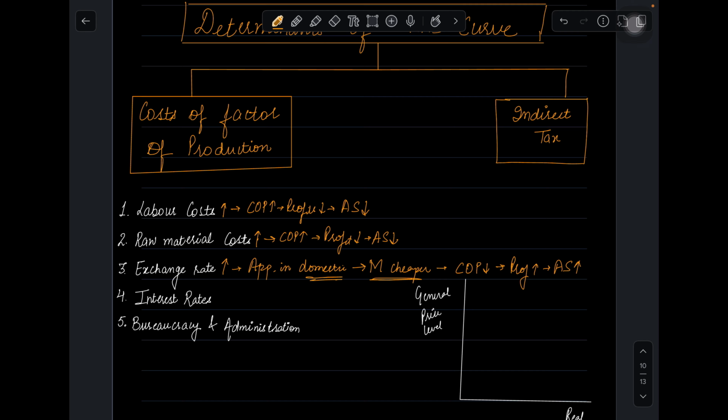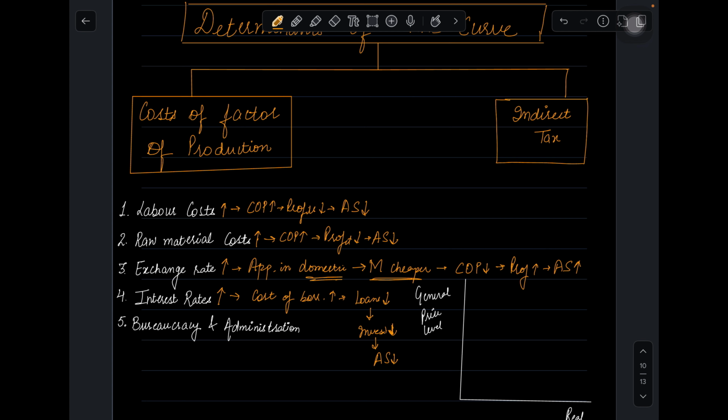Then we have interest rates. If interest rates increase, since the cost of borrowing is increasing, firms' capacity to borrow will decrease. That means loans will decrease and people will invest less. People here means firms. Firms will invest less, decreasing the aggregate supply.